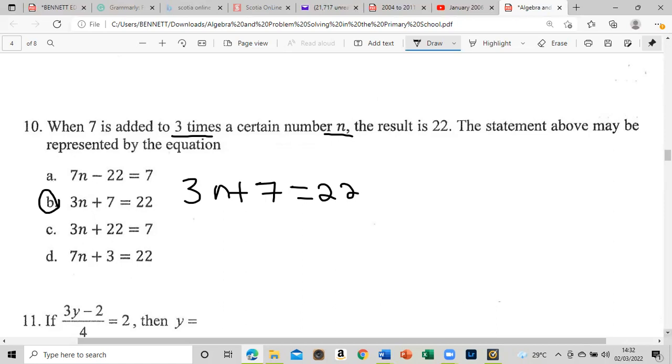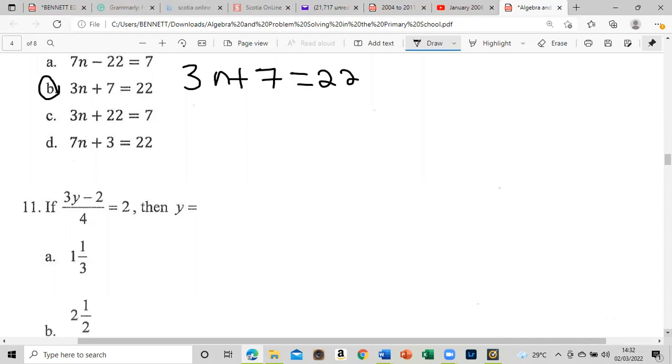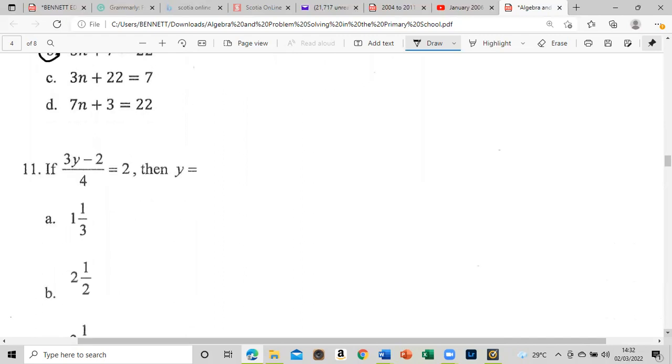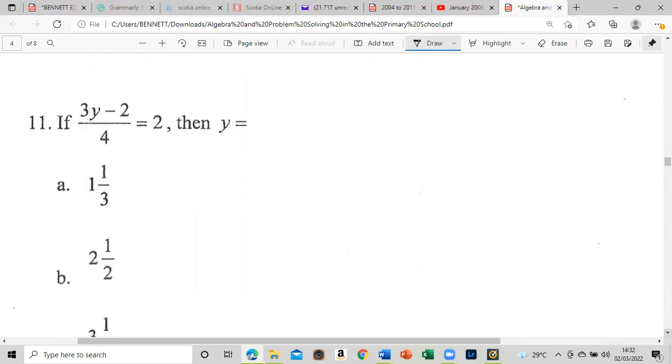All right, let's go now. It says if 3y minus 2, divided by 4, is equal to 2, then y is equal to.